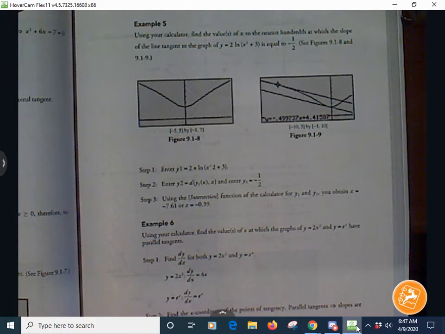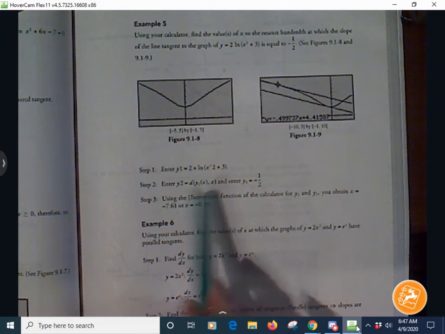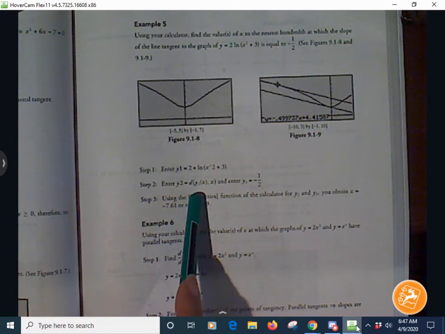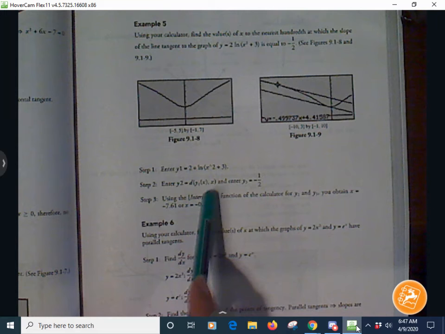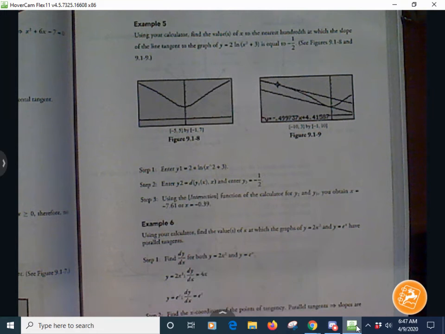One thing that I learned from here, which I heard about but never actually applied, is taking your derivative and, instead of actually finding the derivative, allowing the calculator to generate the values of your derivative itself.